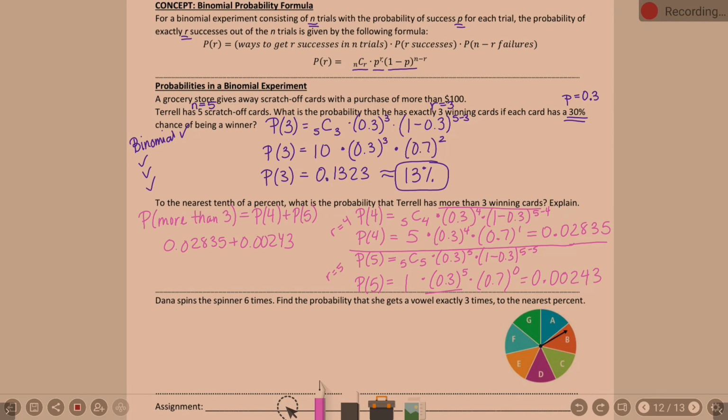If I add those too soon, you could run into trouble. 0.03078, which is approximately what? 3.08%. Well, 8 tells the 0 to go up, so 3.1%.